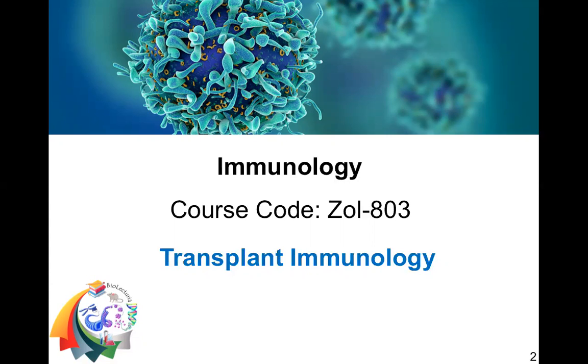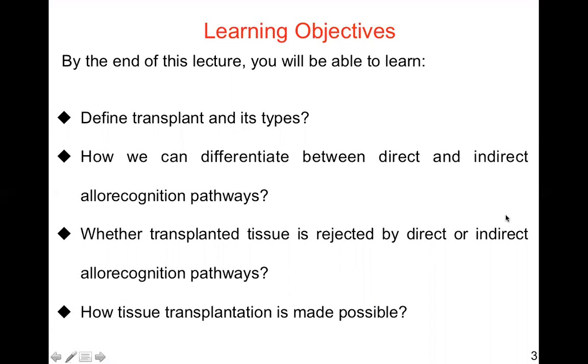The story of histocompatibility started with transplant rejection and paved the way for the discovery of the cell-mediated immune response by T cells. We have already discussed all these aspects in our previous lectures.